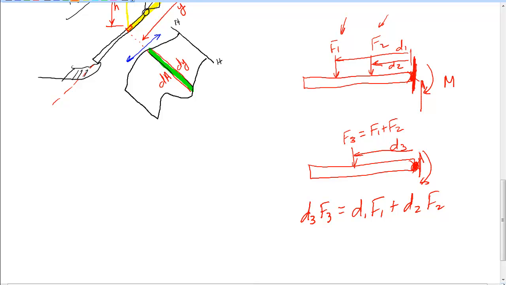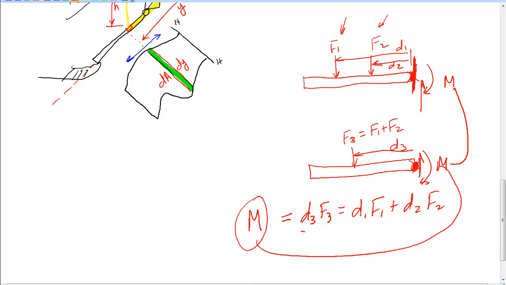This shear has to be the same as F1 plus F2. This moment must be the same as that moment. The only way that can occur is if that moment itself was D3 times F3, and up here that moment is D1 times F1 plus D2 times F2.